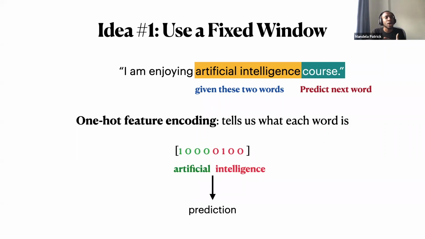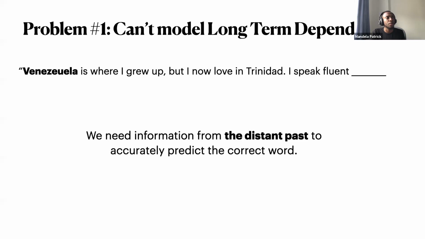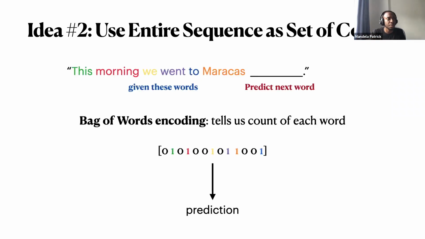And you basically have this problem where you cannot really model the long-term dependencies needed in the context to predict the next word. For example, here, if we only look at the last two words, which in this case are speak fluent, we won't be able to capture the context of, say, Venezuela, which would give us the indication that fluent would indicate Spanish, right?